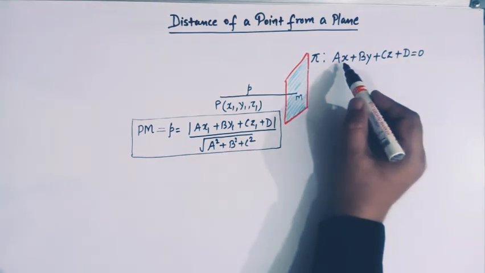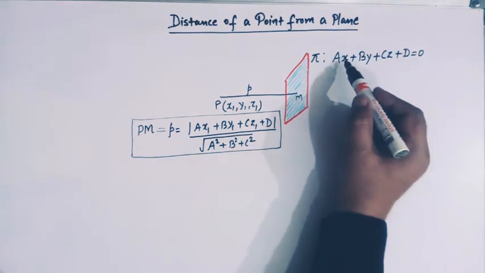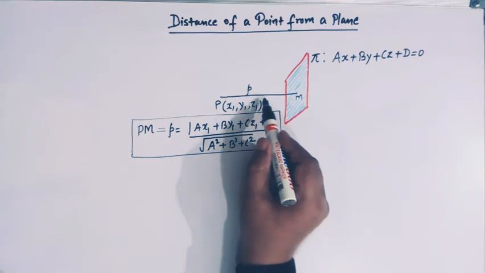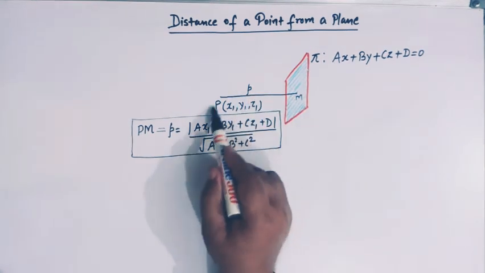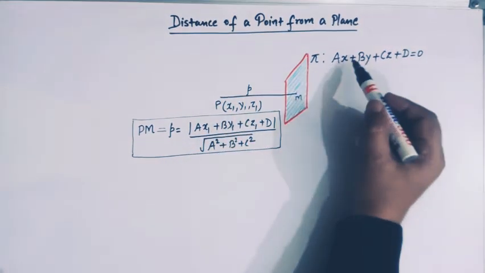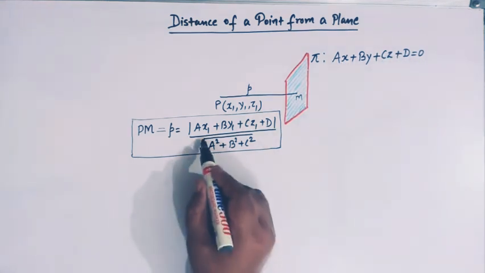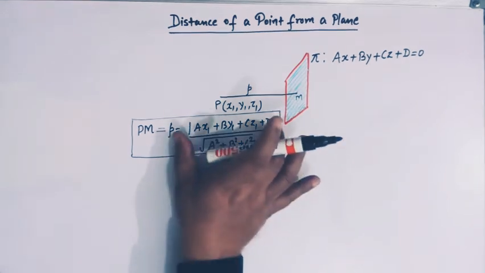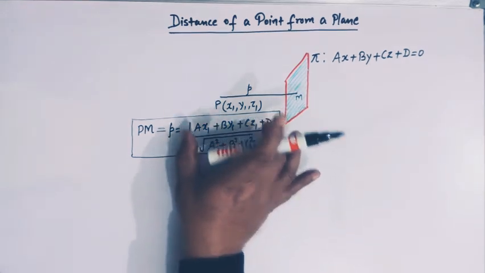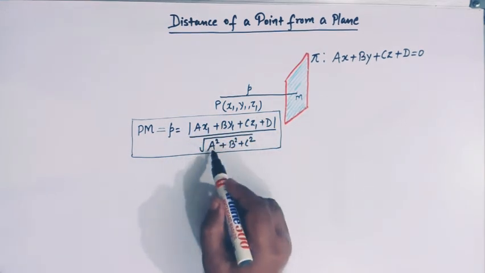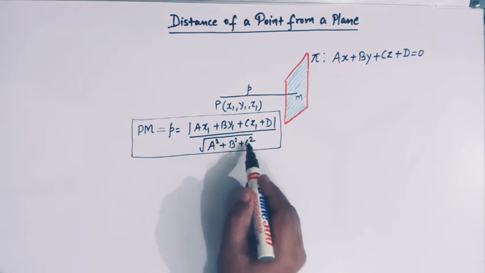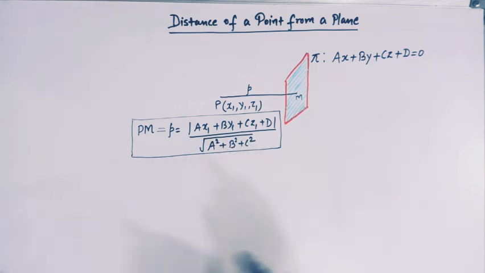So what we do, we'll simply substitute the value of the coordinates in the equation of the plane, and we'll divide this numerator by the square root of a square plus b square plus c square. So let us take some problems.